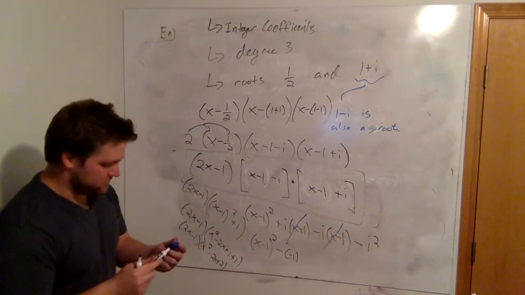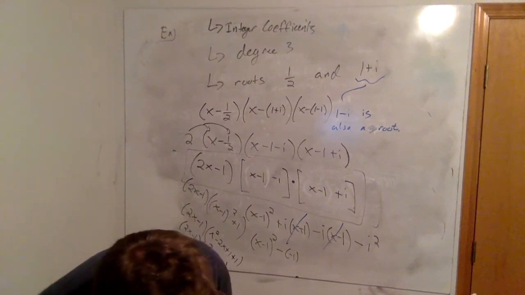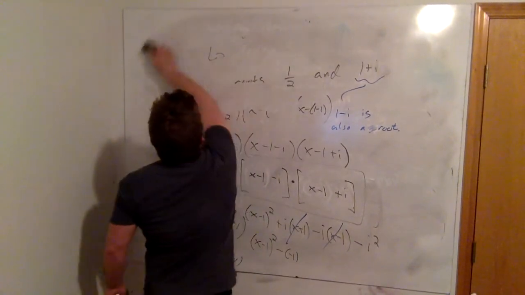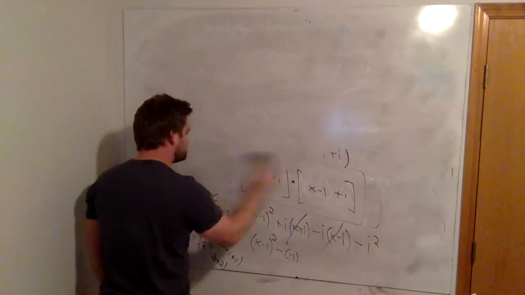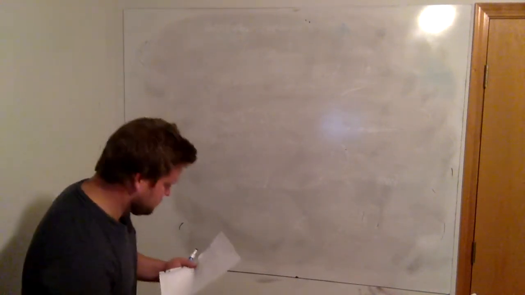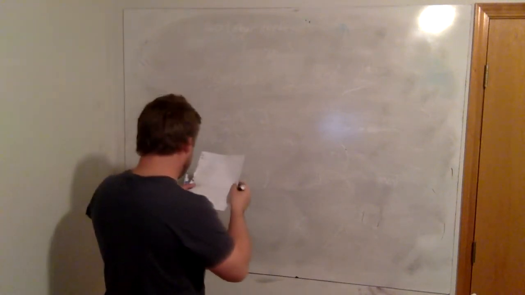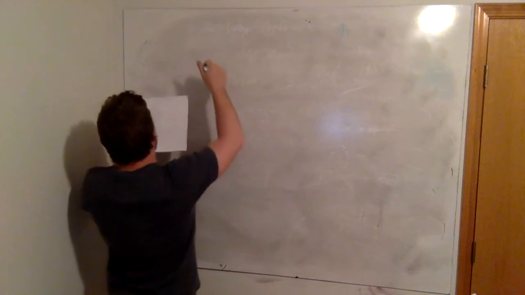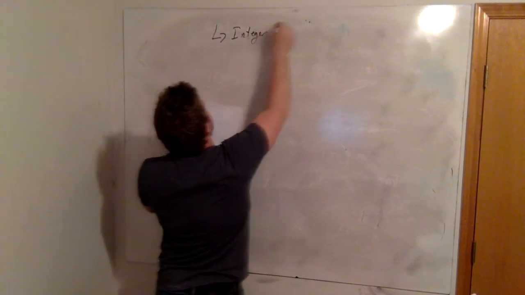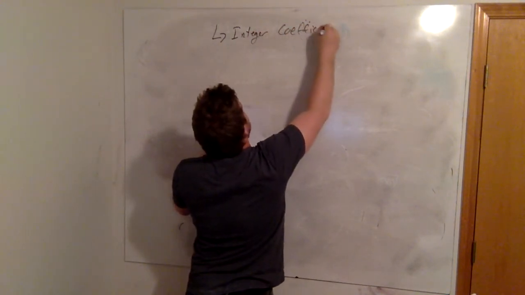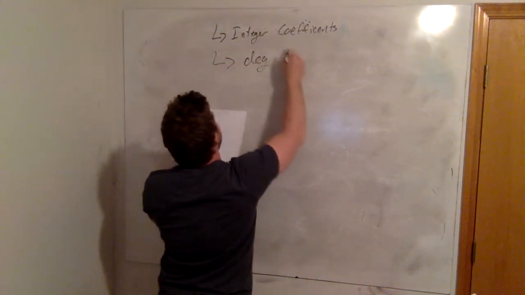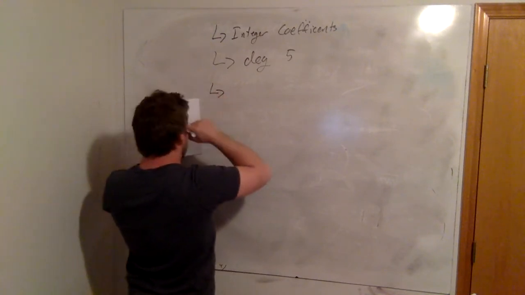Okay, let's do another example. Let's see. So we have another polynomial. We're still going to want integer coefficients. The polynomial has a degree of 5.